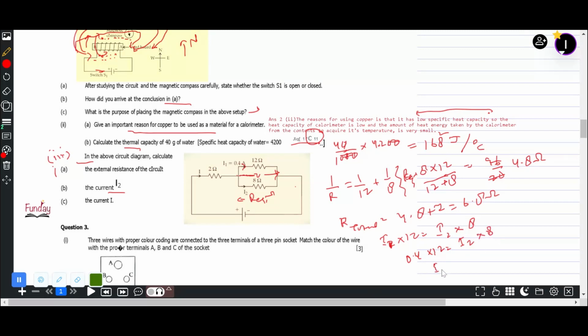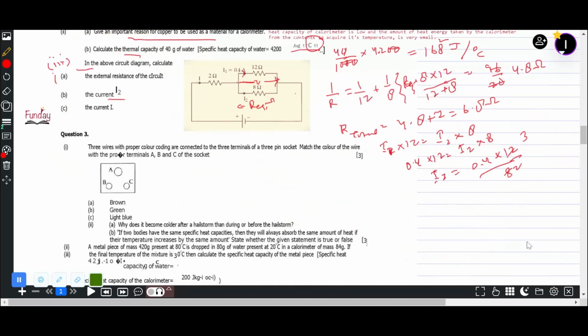So I2 is equal to 0.4 into 12 over 8. 4 2's, 4 3's, so that is equal to 1.2 by 2, that is 0.6 ampere.